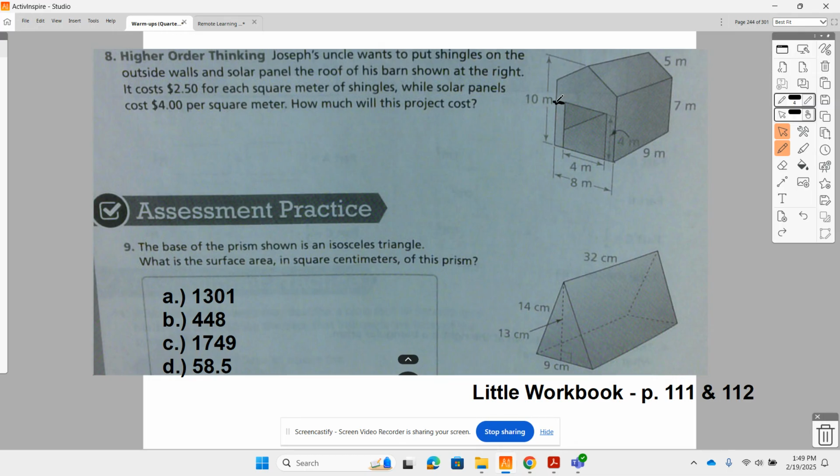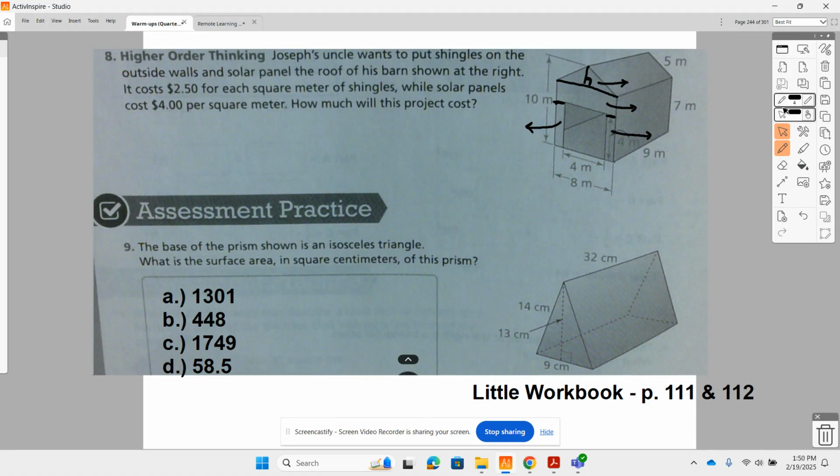You've got 2 little small rectangles, and if you look at this, another rectangle right here, and another triangle. So think about how to break that into several different pieces.